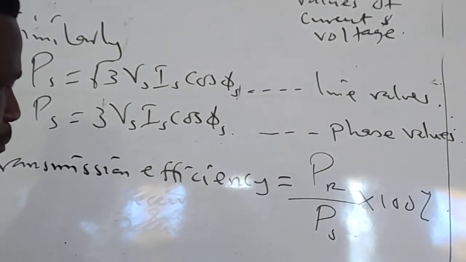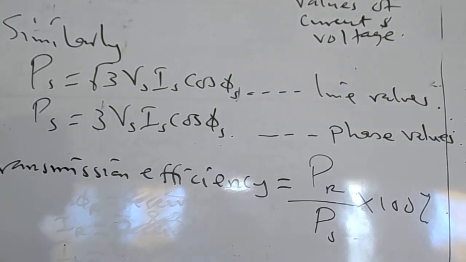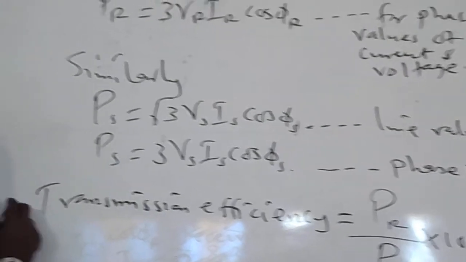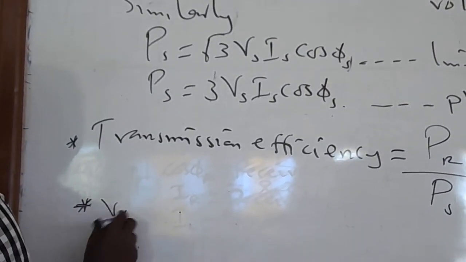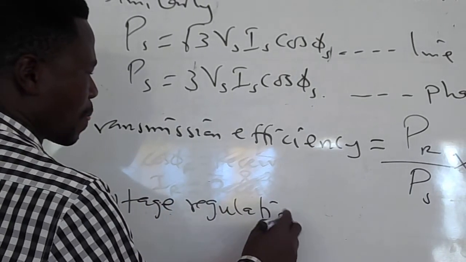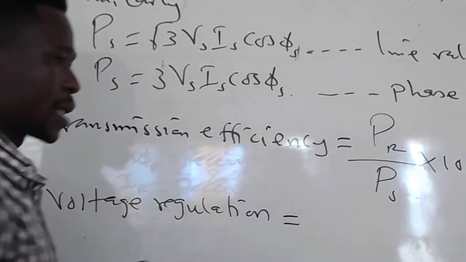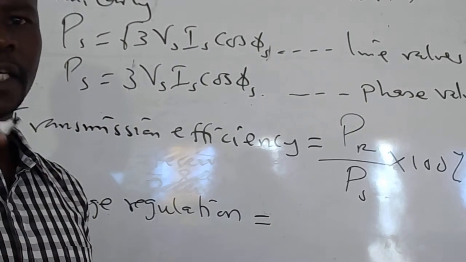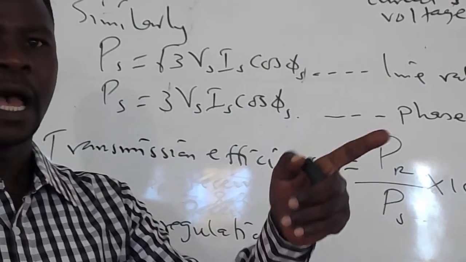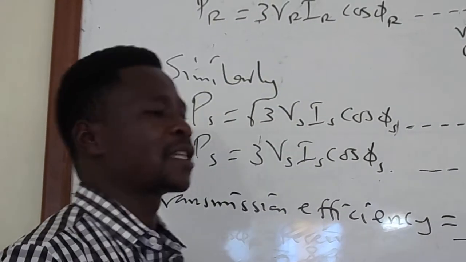Now the other parameter that we may be asked to get is the voltage regulation. Voltage regulation is actually the difference in voltage at the receiving end of a transmission line under the conditions of no load and load, also expressed as a percentage.